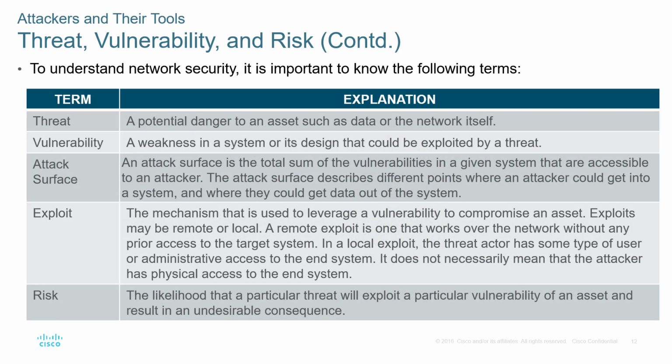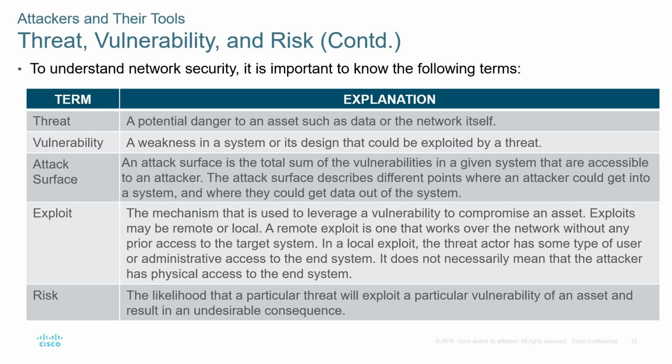So with that said, we need to have a clear definition of 5 very specific key terms. Threat, that is a potential danger to an asset. The asset could be any type of asset, data, the network, a person, an object, a technology object.